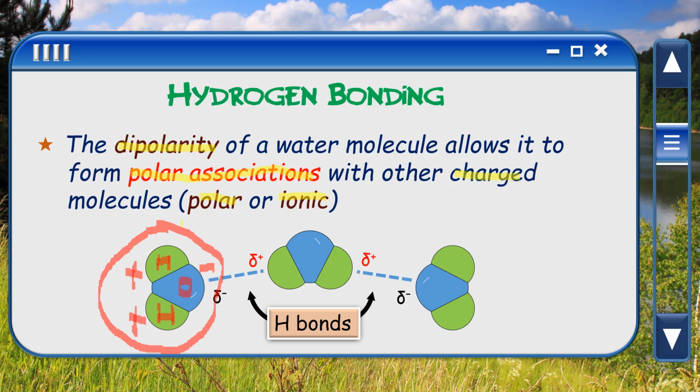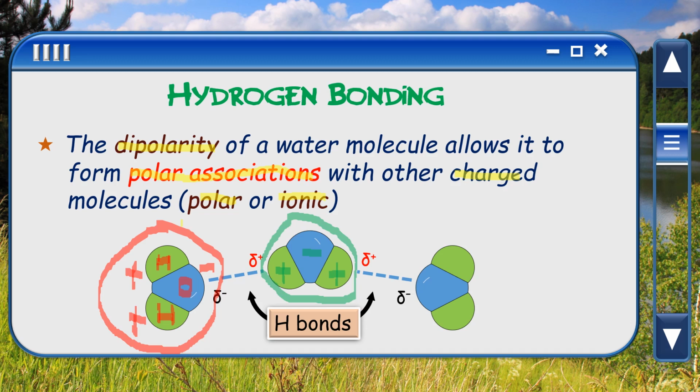Now when you look at this other water molecule here, you will find that this oxygen is negative and this hydrogen is positive, and even this hydrogen is positive.